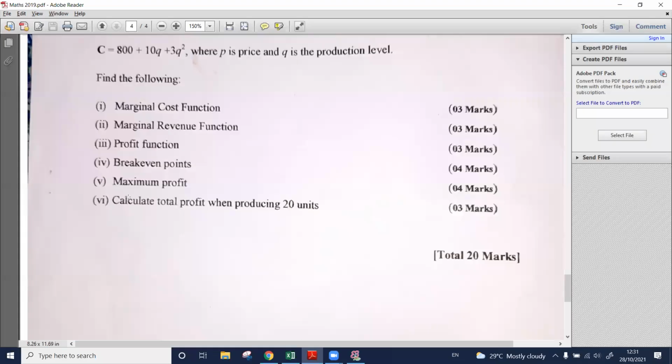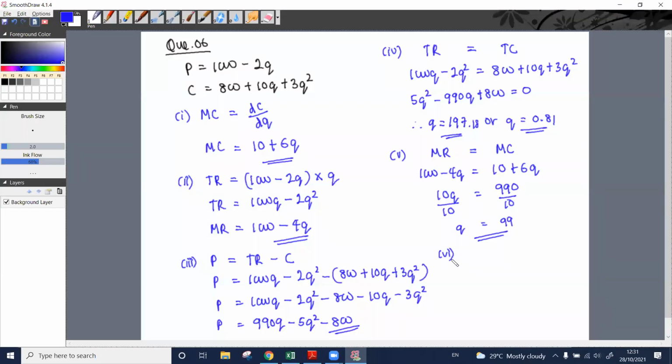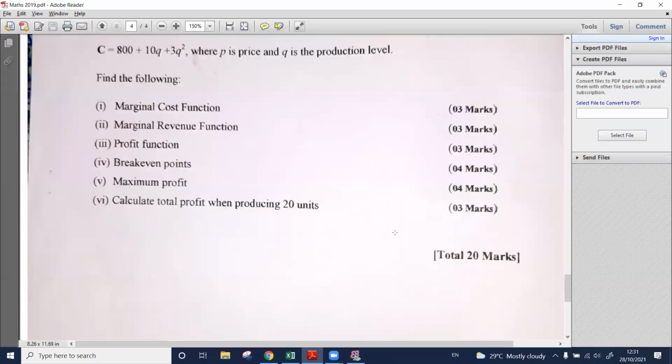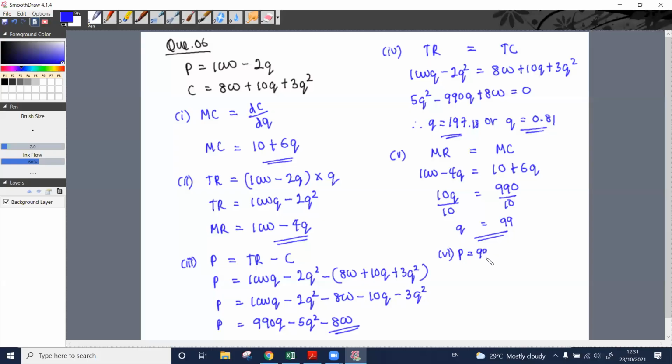Last one. Calculate total profit when producing 20 units. We have derived the total profit function, so we substitute 20 for Q: 990 into 20, minus 5 into 20 squared, minus 800.